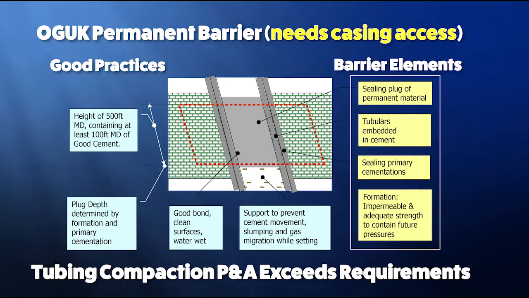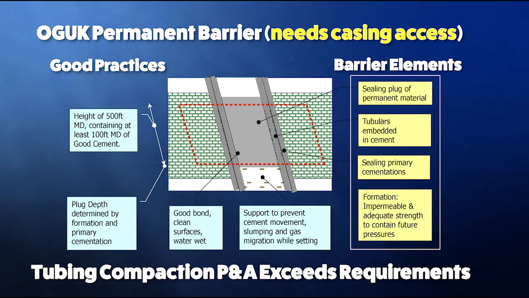Good practices that can help achieve these goals are 100 feet measured depth of good cement, which is typically 500 feet of measured depth when circulation and contamination is considered. Another good practice is to place the plug depth according to the formation and primary cementation.